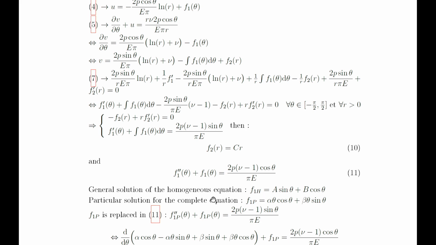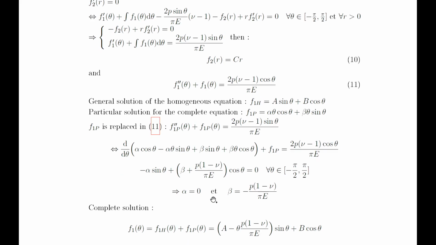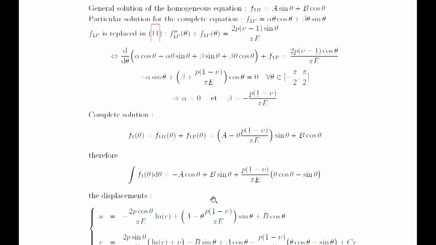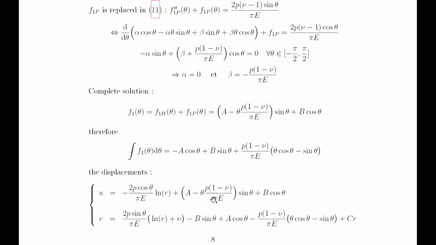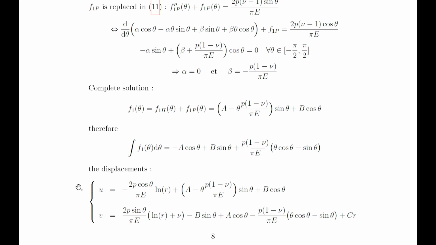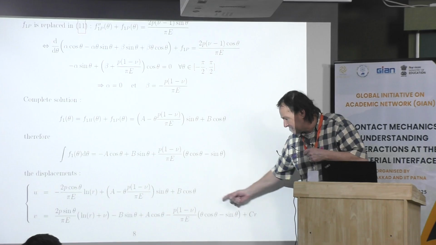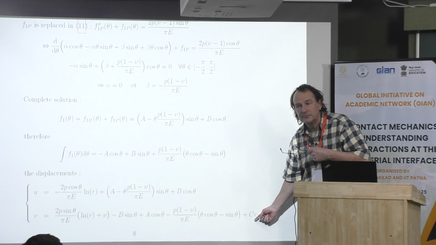H is the homogeneous equation, and so on. Okay, and this is the solution, this one at the bottom. You have the displacement along R and the displacement along theta.